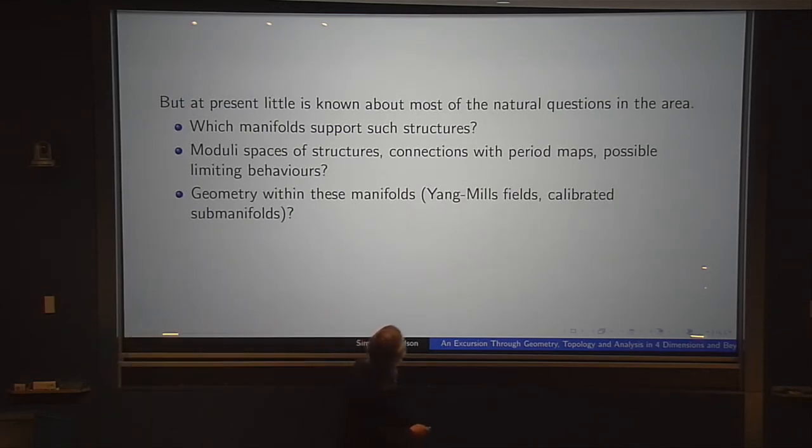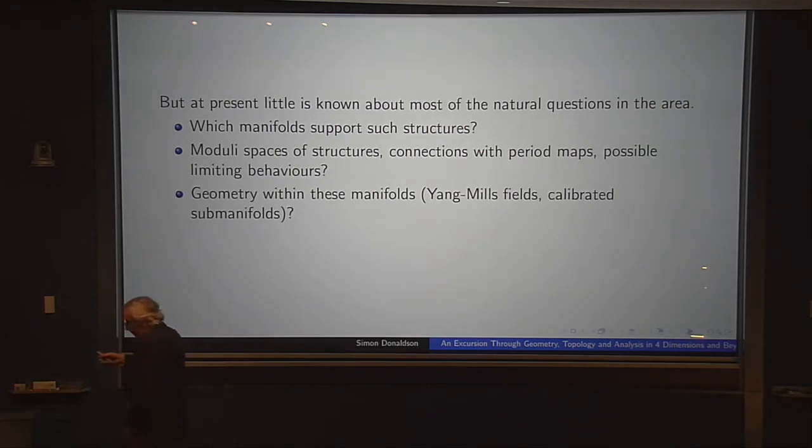It's really studying examples. Similarly, if we have one of these beautiful 7 or 8-dimensional manifolds, then there are various special geometric objects we can study inside it: particular special kinds of submanifolds, calibrated submanifolds, or a non-linear generalization of electromagnetism, roughly speaking, called Yang-Mills fields.